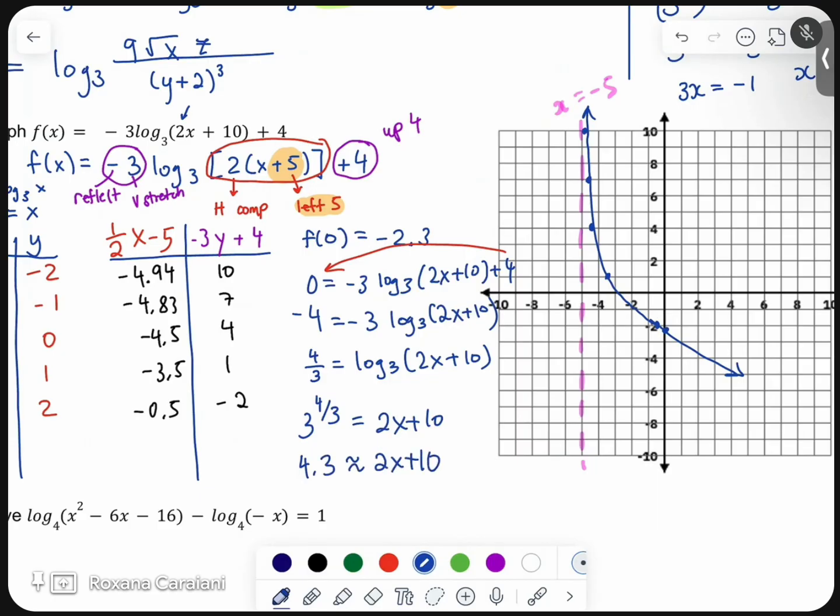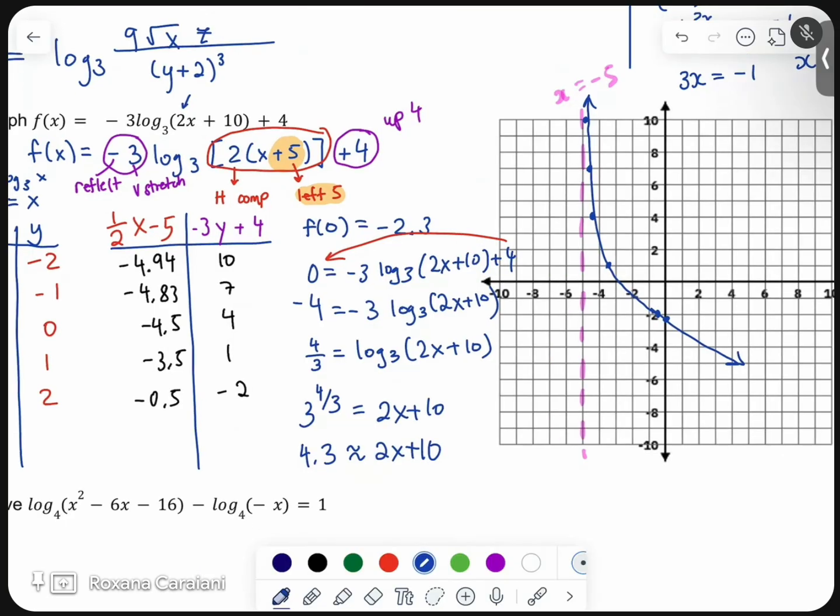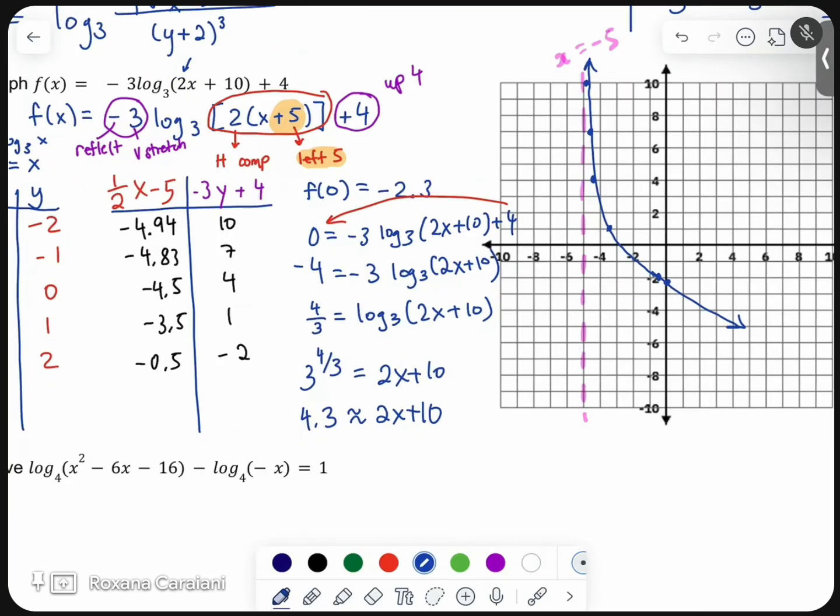And now I can finish solving this linear equation. So I'm going to subtract 10 from both sides. And then I'll divide out the 2. And there's my x-intercept, negative 2.85, which is actually roughly what I plotted.